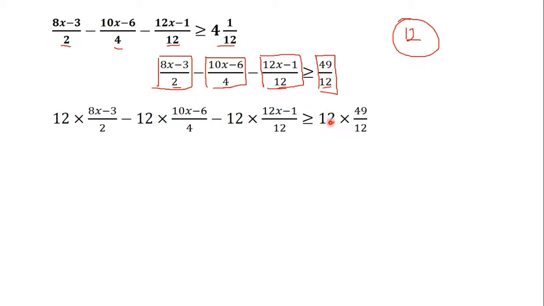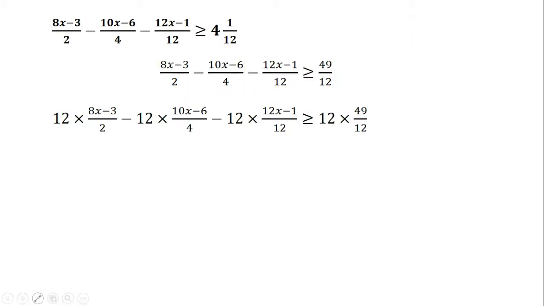Hope that is clear. So from here, we can move on to the simplification. If you are simplifying, you see that 2 will cancel 12 6 times, 4 will cancel 12 3 times, 12 will cancel 12 1 time, then 12 will also cancel 12 1 time.